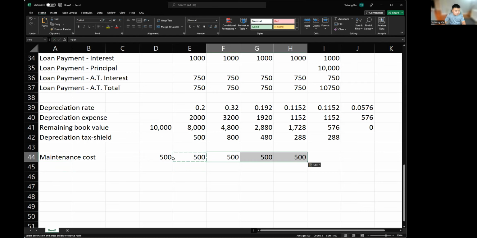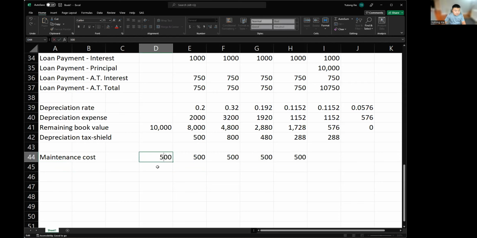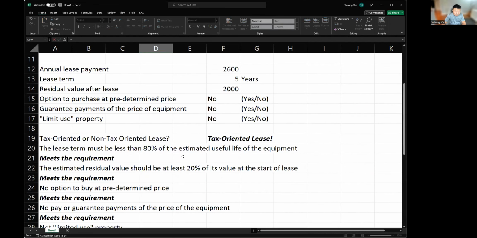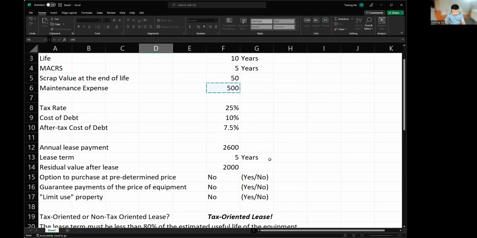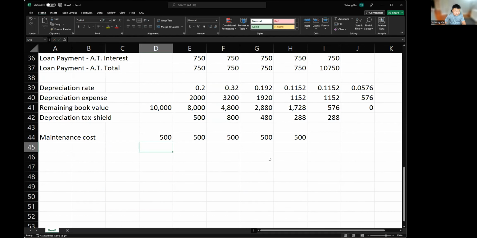All right, so this is what you can do. But the problem is we did have an input section with the maintenance cost. So I really want to link the model to the input section rather than just hard coding the 500. So I'm going to say this equals the maintenance expense that's here, F4, 6, and the others are just the same as the first number.